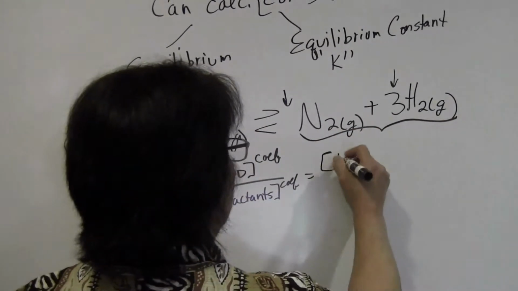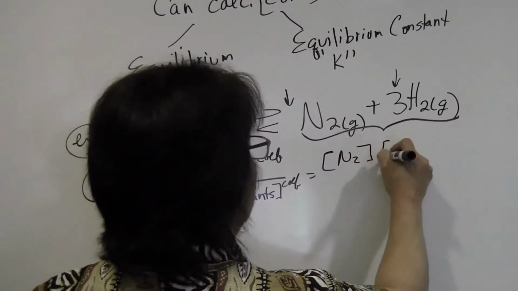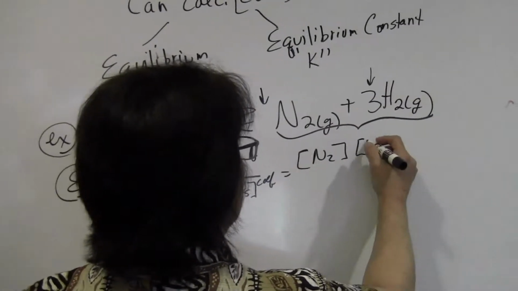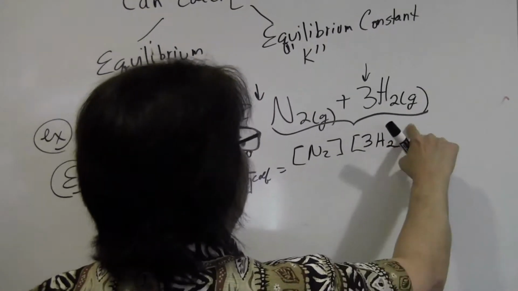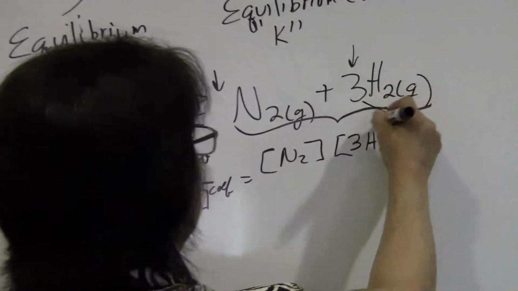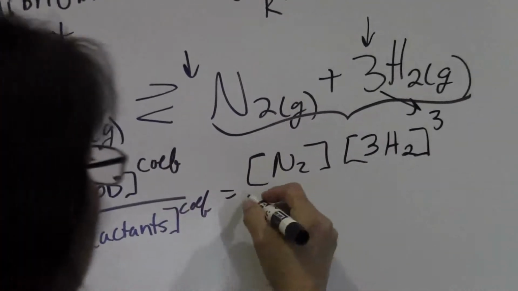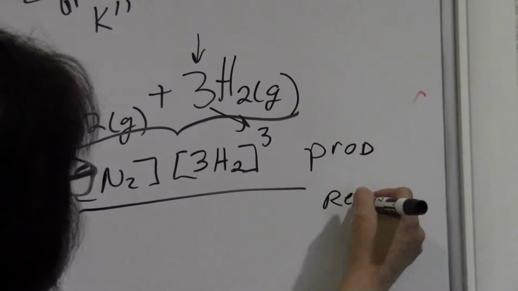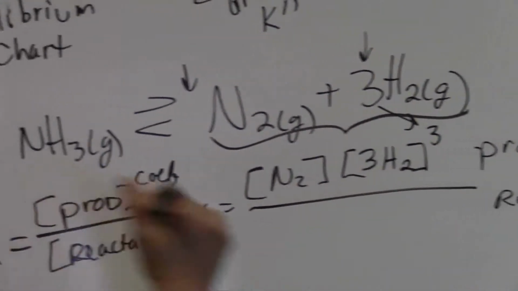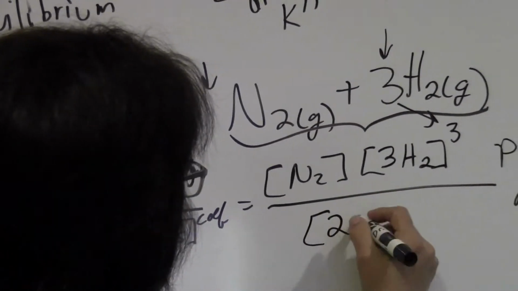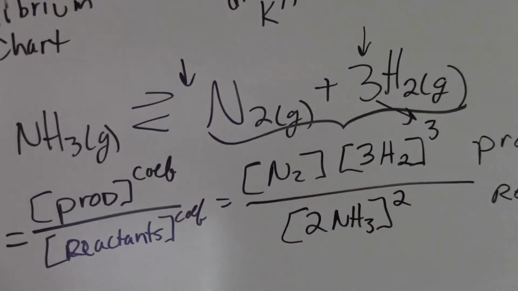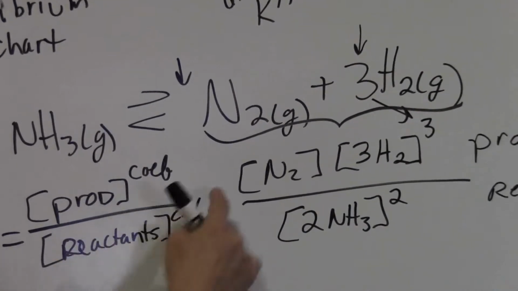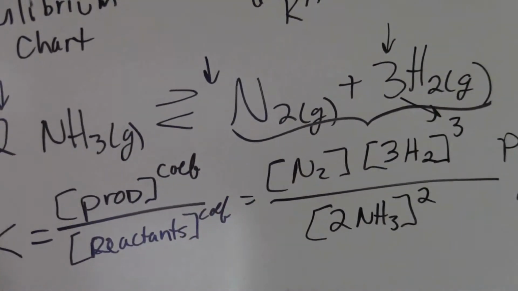So we would have the concentration of nitrogen and the concentration of hydrogen raised to the coefficient. The coefficient here is 1. So it's the products over the reactants. And our reactant here is the concentration of the ammonia raised to its coefficient. So that would be the value of the equilibrium constant for this reaction.